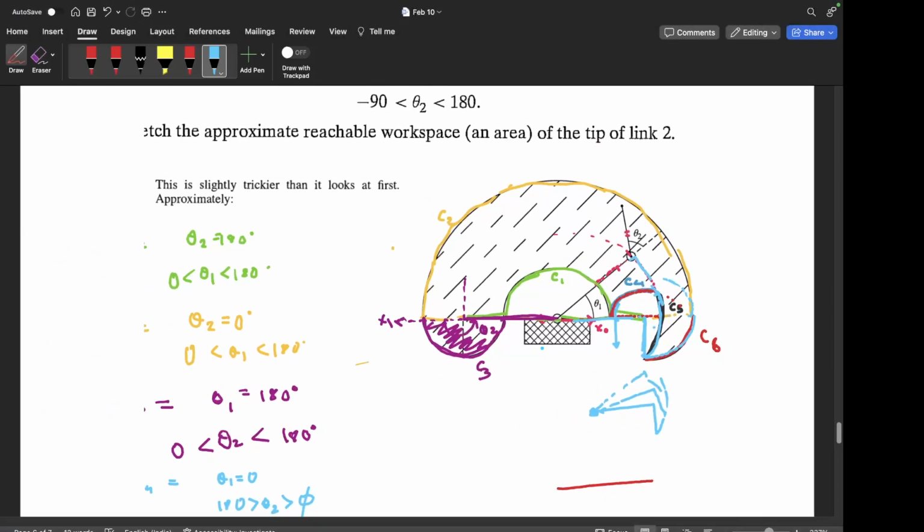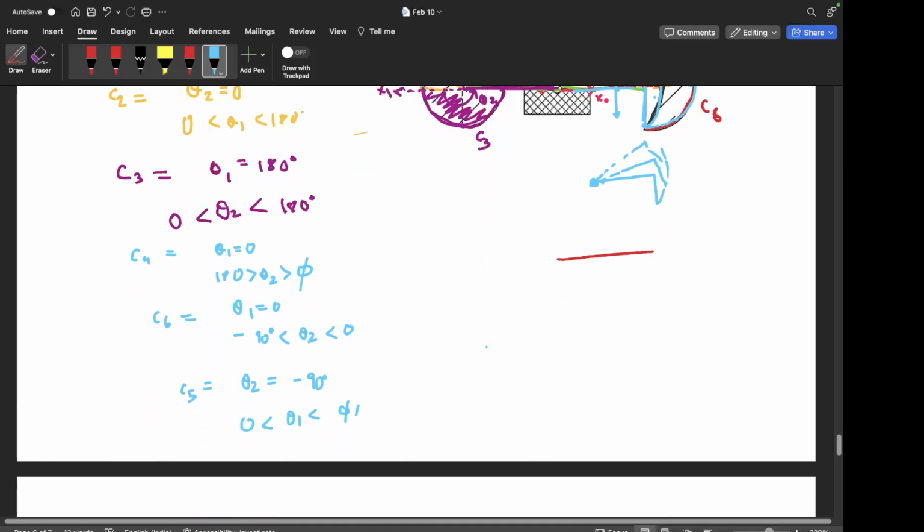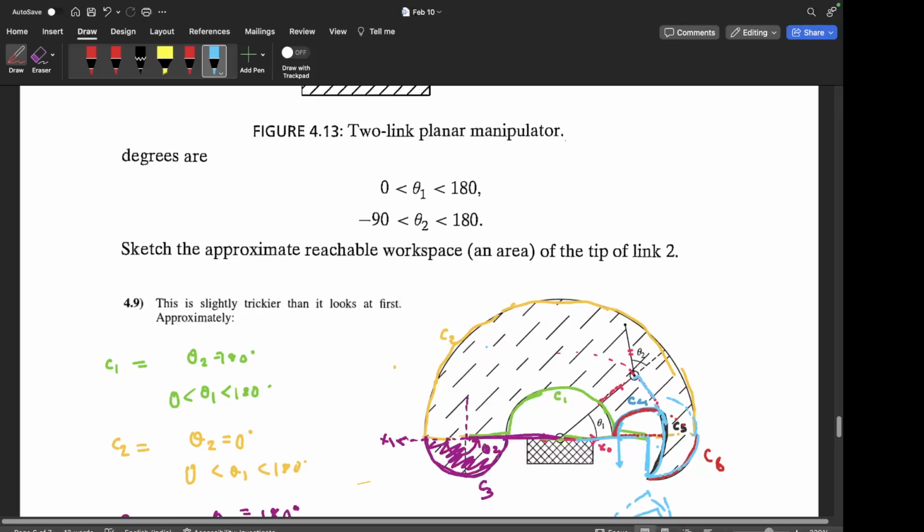So yeah, I think we are on time. And just to summarize, we discussed the Jacobians today. We saw how Jacobians relate the velocities in the joint space to velocities in the task space, and the transformation between these two. We derived the Jacobian for the 2R manipulator.